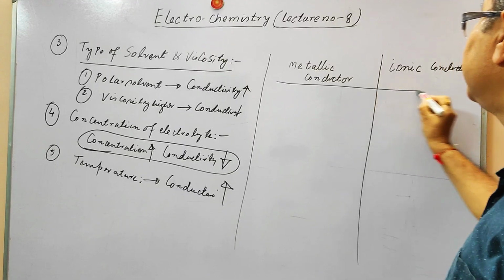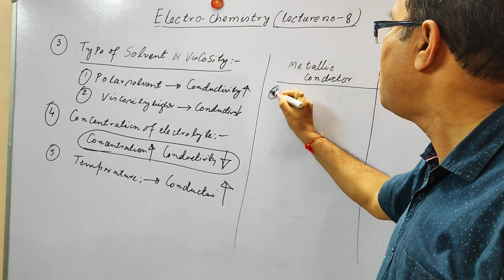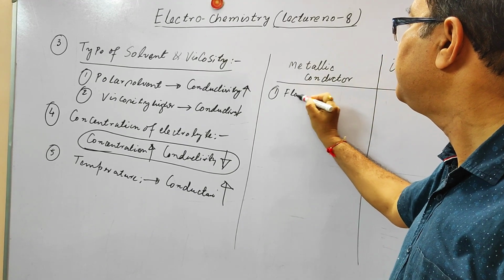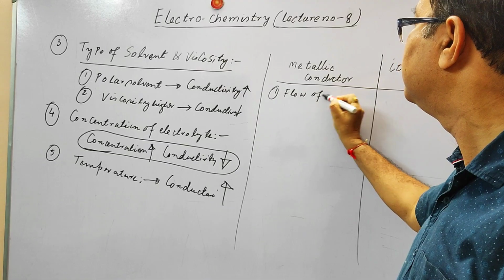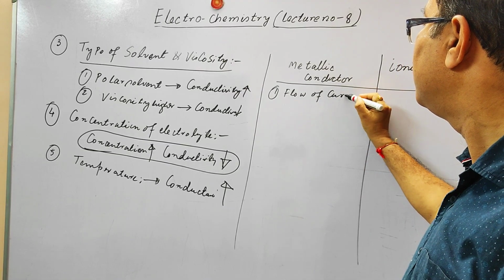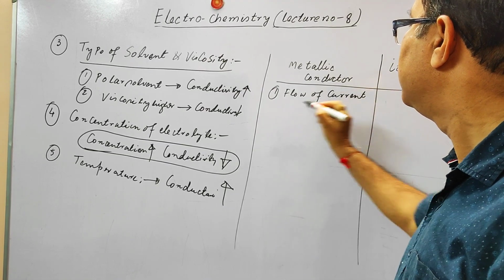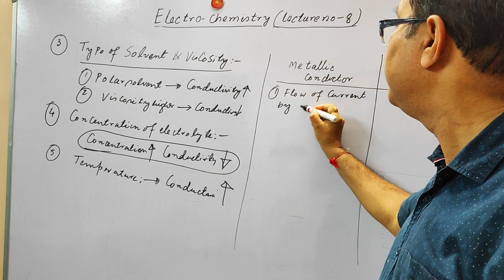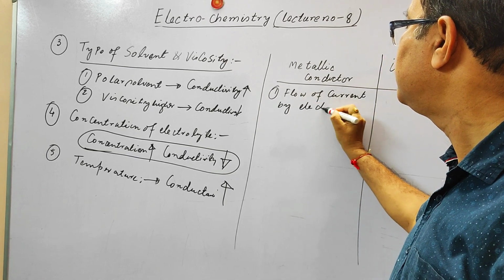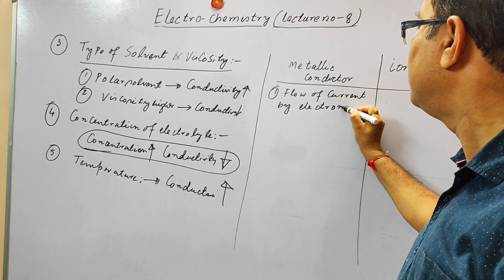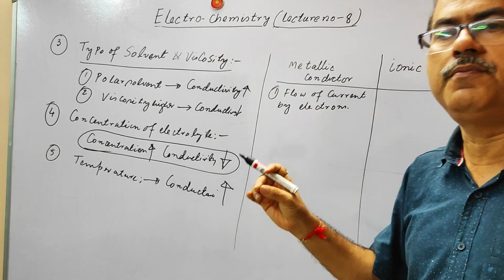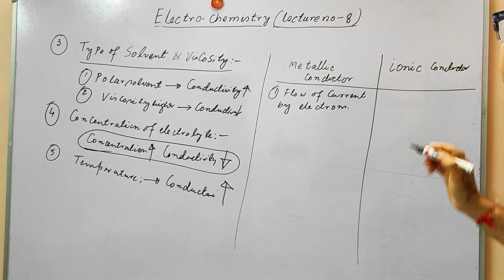So in a metallic conductor, the flow of current is by electrons. The electrons flow from one end of the conductor to the other.